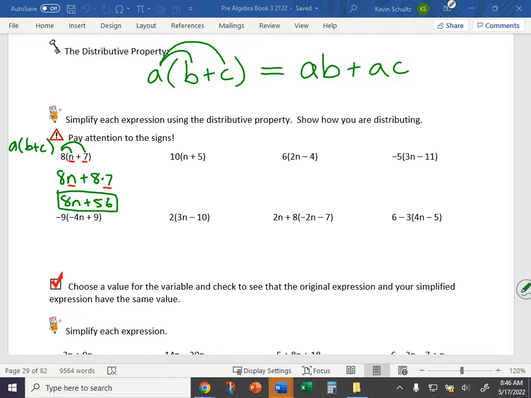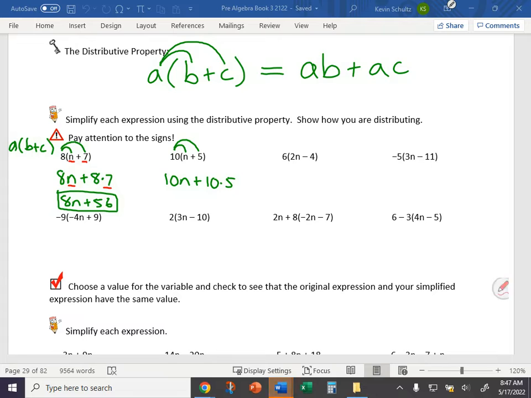All right. Next one, 10 times n plus 5. Okay, again, we've got those terms in parentheses, not combinable. So we need to distribute our 10 into the parentheses. Draw those lines in there so you understand where that 10 is going. And we're multiplying 10 times n plus 10 times 5.